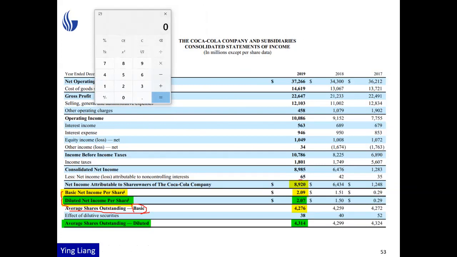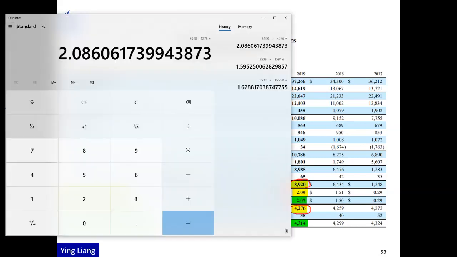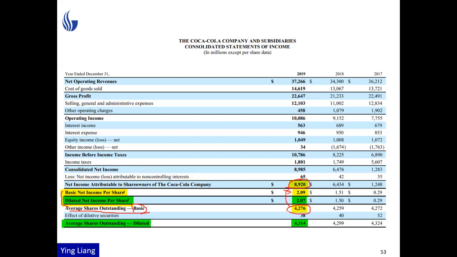So I'm gonna use the formula for EPS to calculate the basic, which is I'm going to use 89.20, and I'm gonna divide by the average shares outstanding basic, this 4276. I want to see if I use 89.20 divided by 4276, can I get 2.09? Let's see. Divide by 4276 equals, wow, it's too big. Yes, 2.086 equals 2.09. Very good.